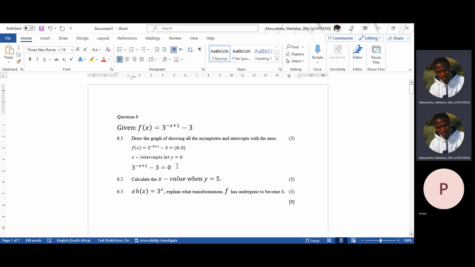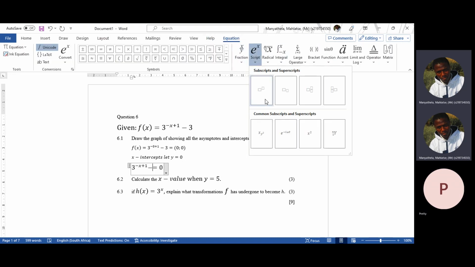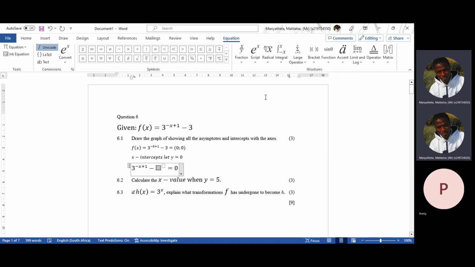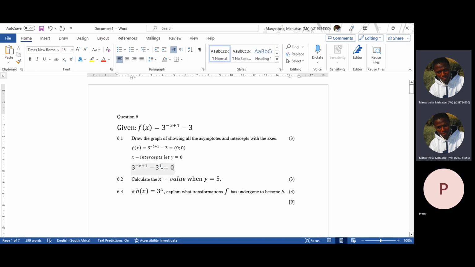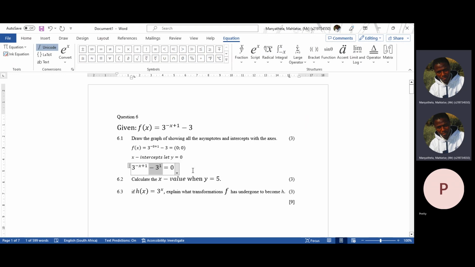So yeah, let me just edit something here. You can write it as 3 to the exponent 1. It doesn't make any difference. So on the next step, we are going to transpose negative 3 to the exponent 1 to the right hand side.